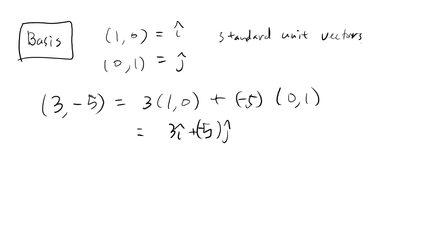Okay, you need at least 2 vectors to represent anything in two-dimensional space. So in general, we call a basis B of a vector space V something that satisfies 2 requirements. One is that these are linearly independent.